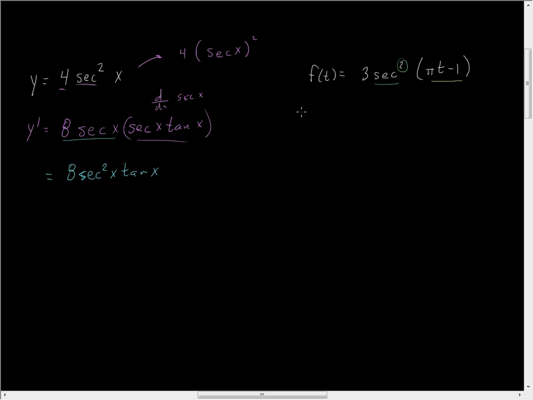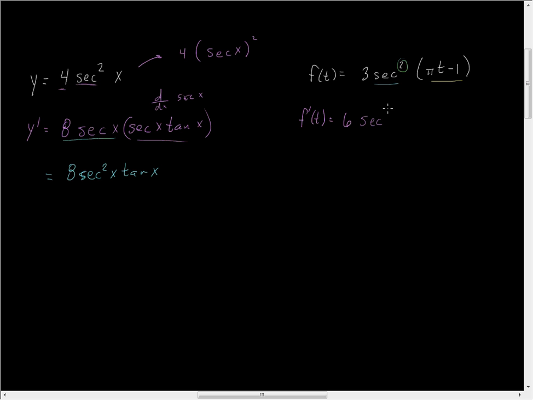F prime of t equals the derivative of the outermost, the square. And so we bring the 2 down. So we have 3 times 2, which is 6. And that's times secant. We reduce the power to 1.